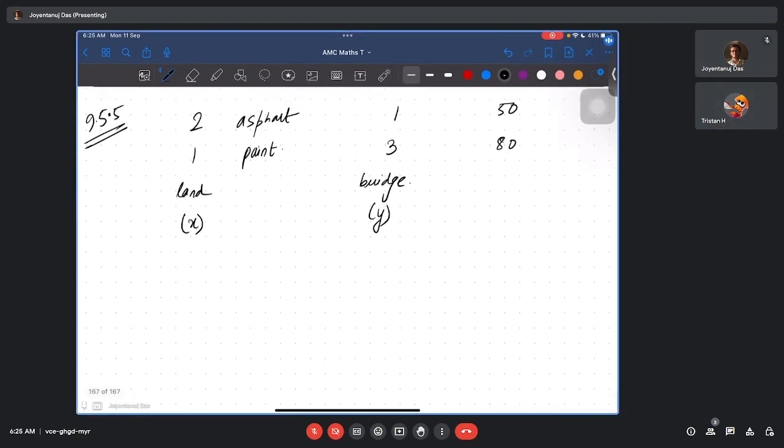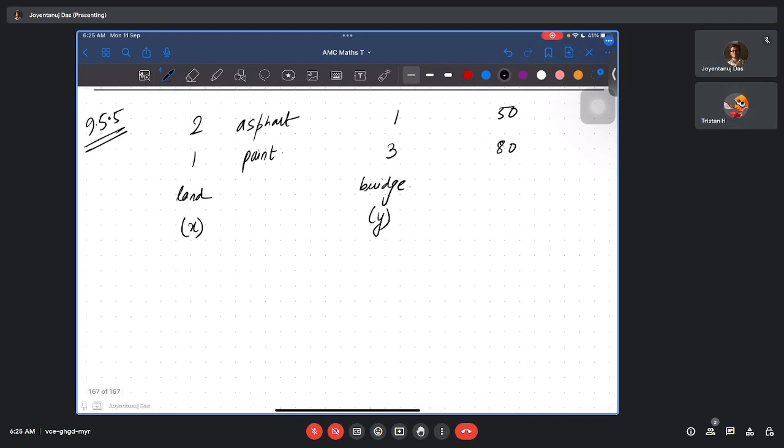So what you have to maximize is the objective: maximize x plus y, that is, the largest total number of miles, x miles of land and y miles of bridge.